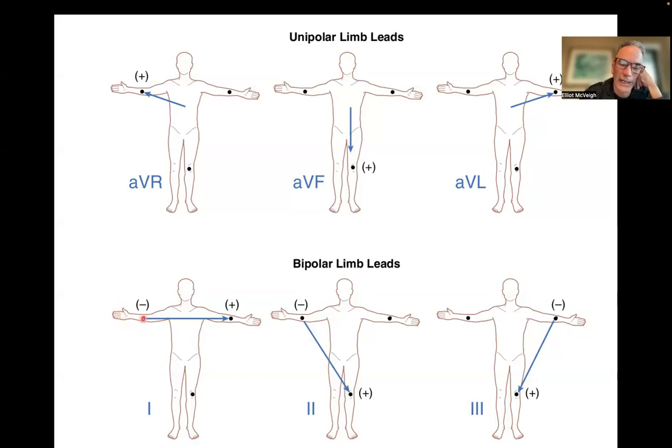But you put a little patch that's made of a conducting gel that's connected to a little metallic part you can hook up to an amplifier. And so if we have three basic locations, we have the right arm, left arm, and left leg.